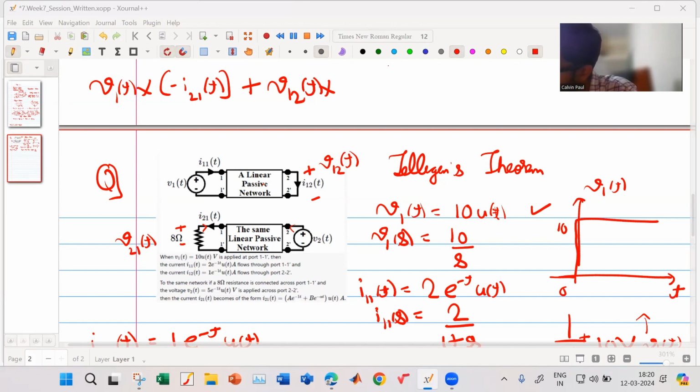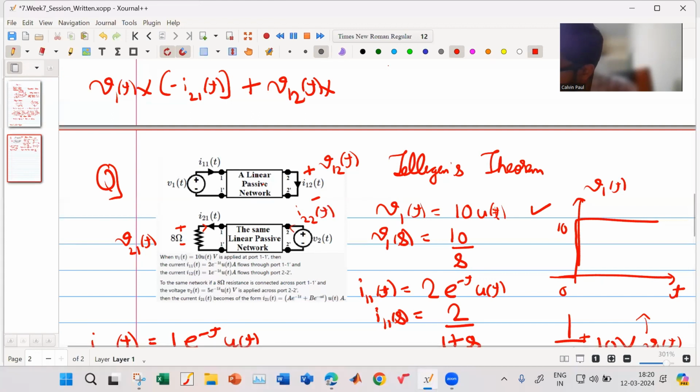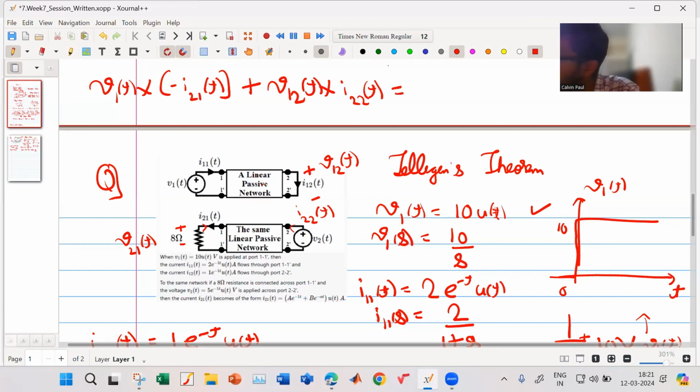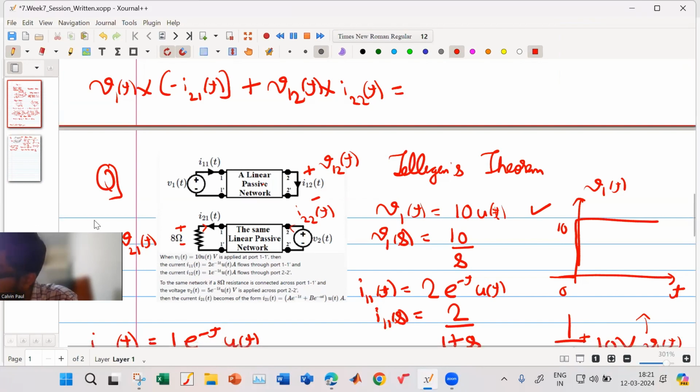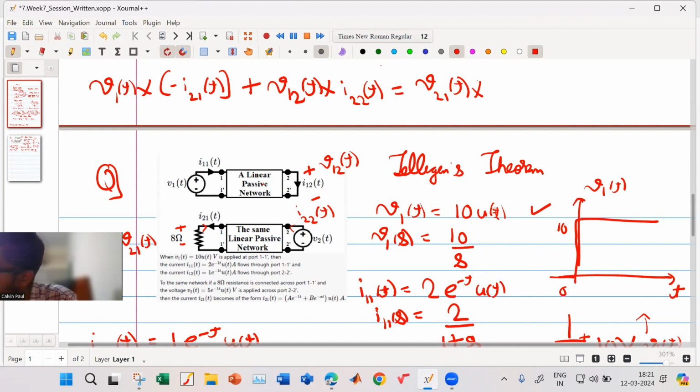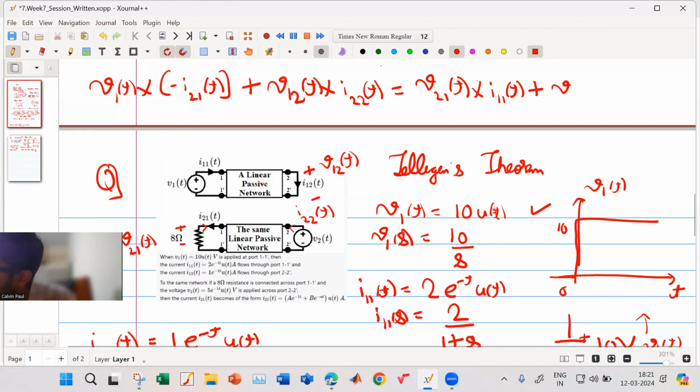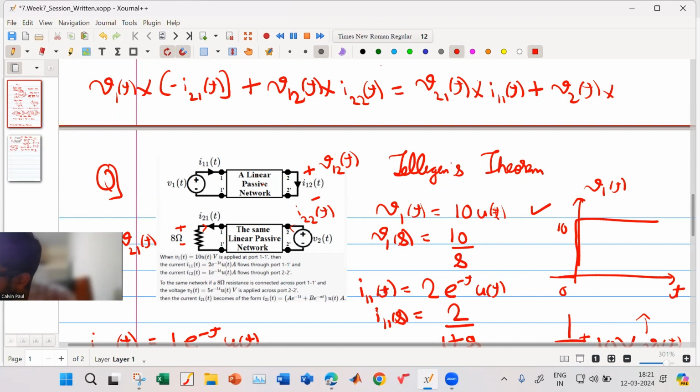Let me call this current I22 of t. So V12 of t into I22 of t should be equal to the voltage on this side, that is V21 of t, into the current that is coming out, that is I11 of t, plus V2 of t into minus I12 of t. Is it clear?